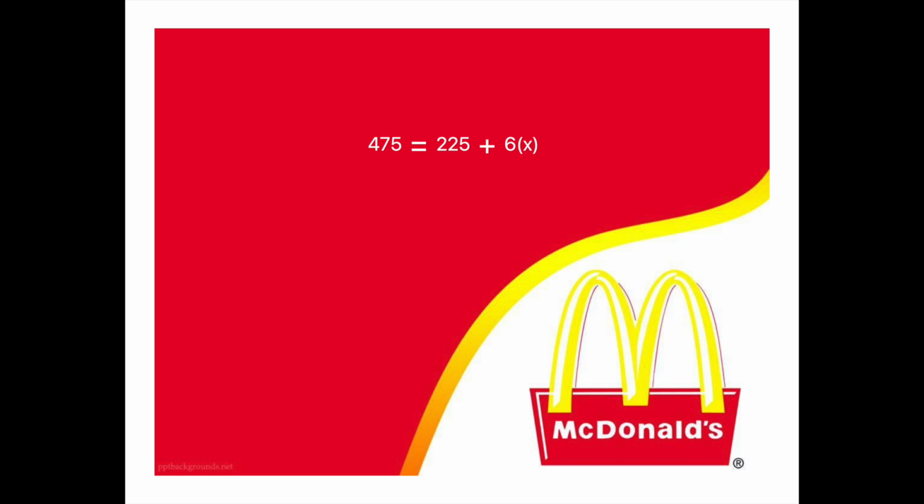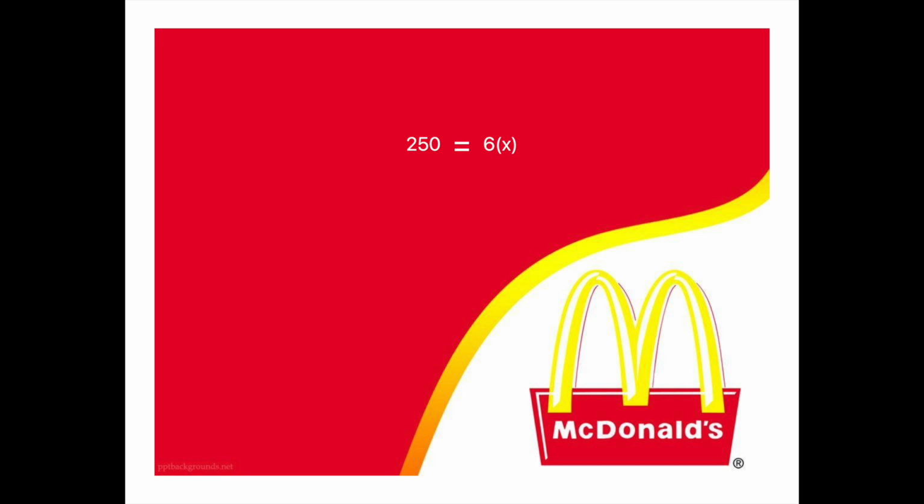To isolate our variable x, let's look at our right side to see what operations we need to do to both sides. The first number that we can get rid of from the right side is 225. So let's subtract 225 from each side of the equation, which gives us on the left side 250 and on the right side 6x.